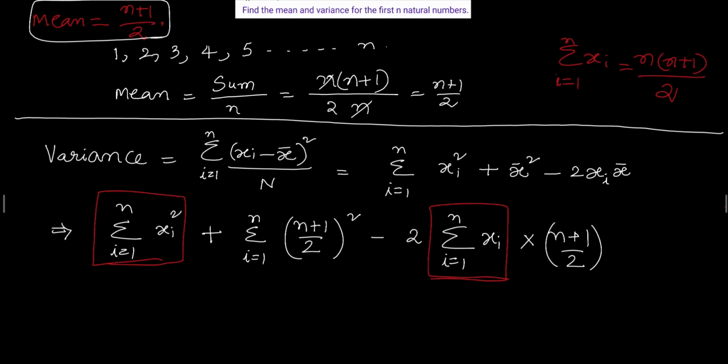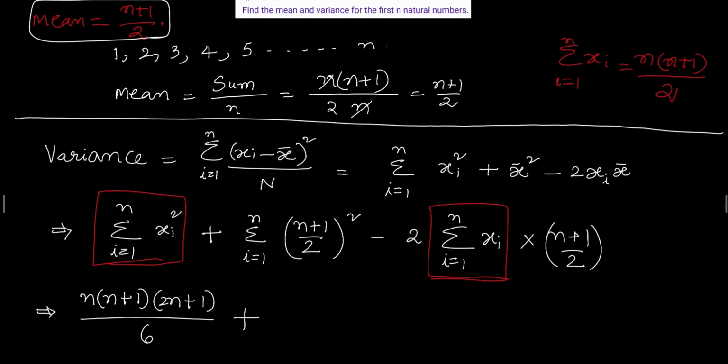Let us substitute that and see what happens now. So I will write down sigma i equals 1 to n xi square, that is sum of squares of first n natural numbers, which is given by n into n plus 1 into 2n plus 1 divided by 6.